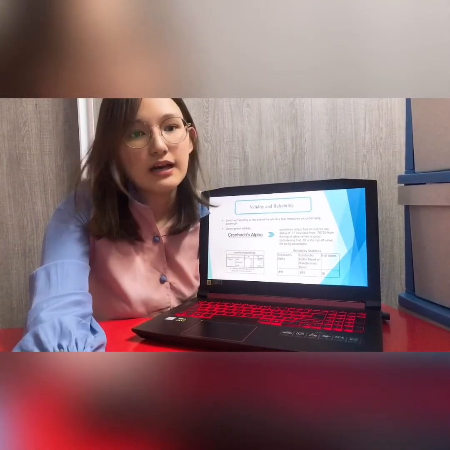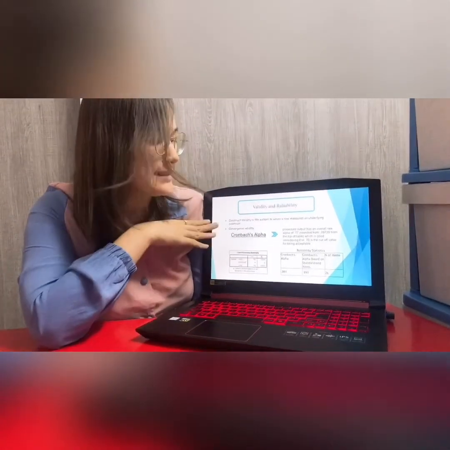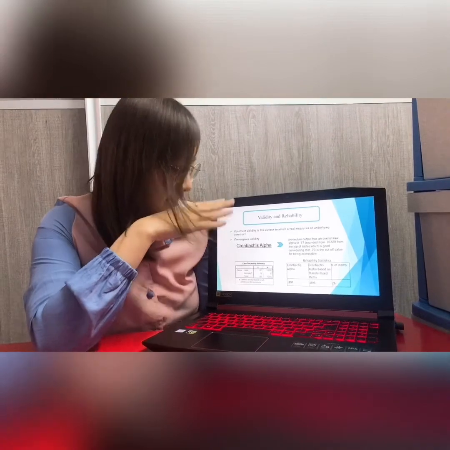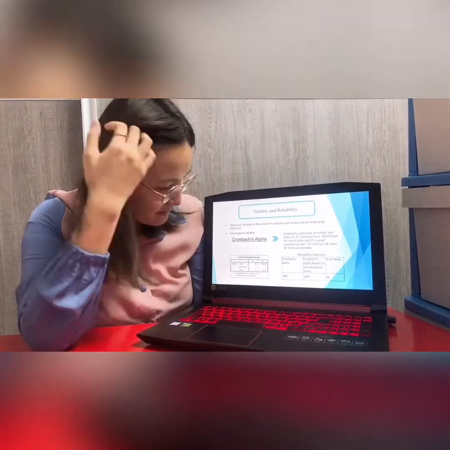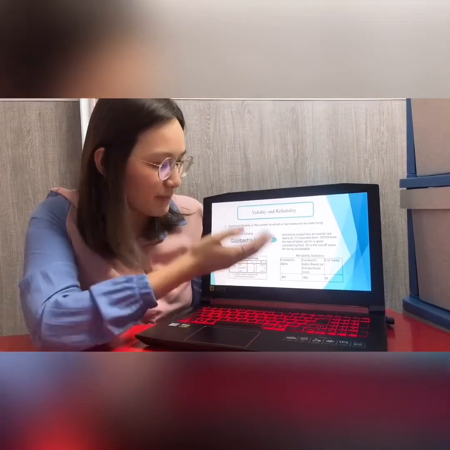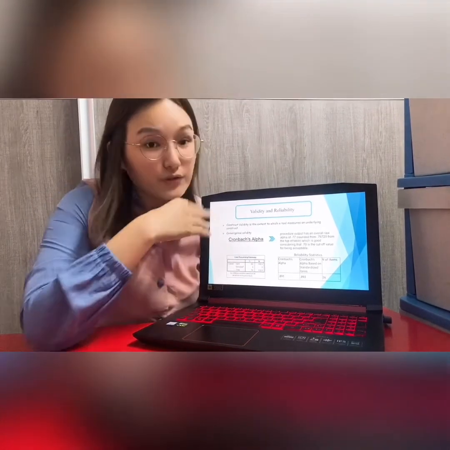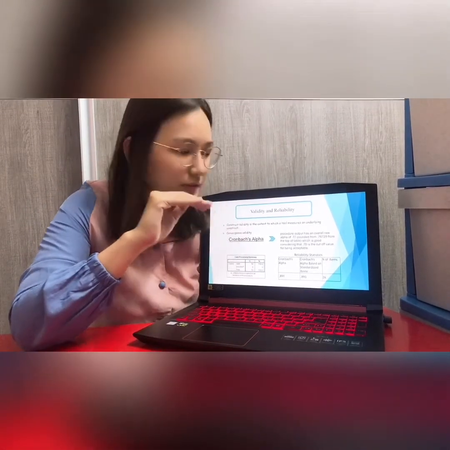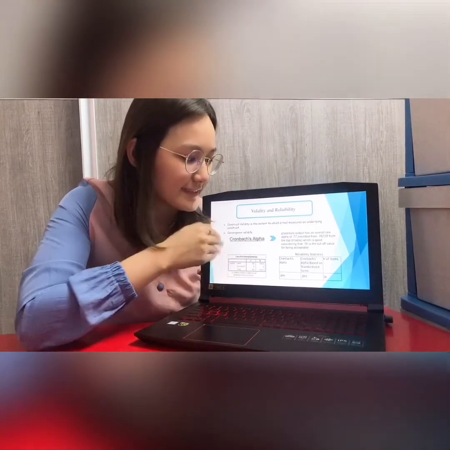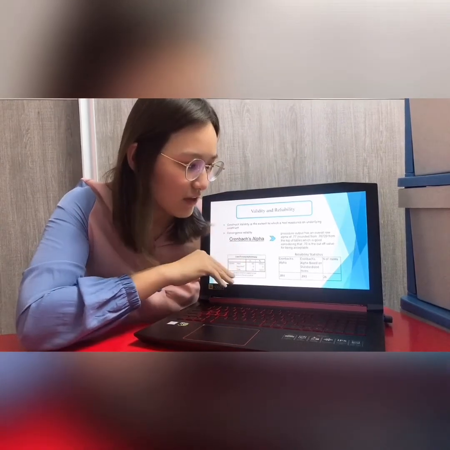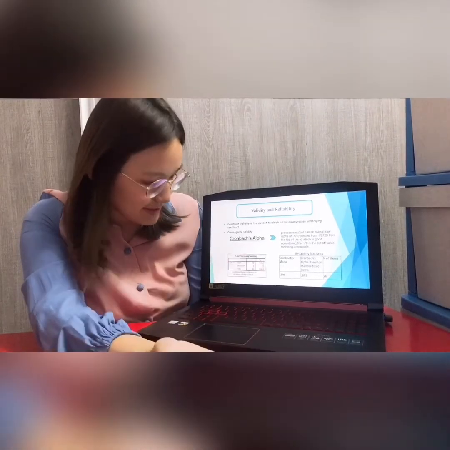So the validity and the reliability. The construct validity is the extent to which the test measures the underlying construct. For the reliability statistic, we are using Cronbach's alpha, which produces an output with an overall alpha of 0.77, which is good, considering that 0.7 is the cut-off value for being acceptable, which means a good result.